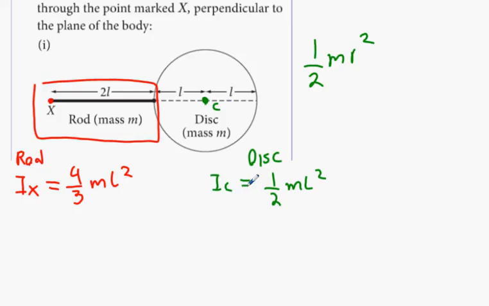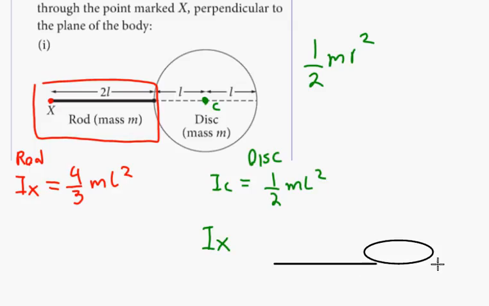We don't want it around axis C. Where do we want it? Around axis X. What do X and C have in common with each other? What does axis X have in common with axis C? Anybody? Any takers? They're parallel.